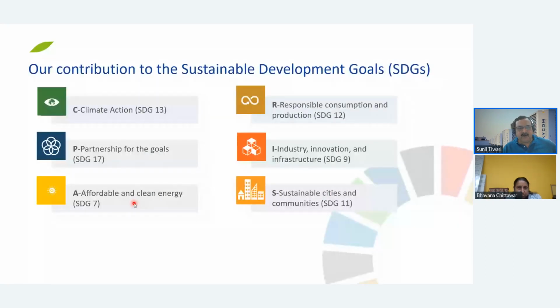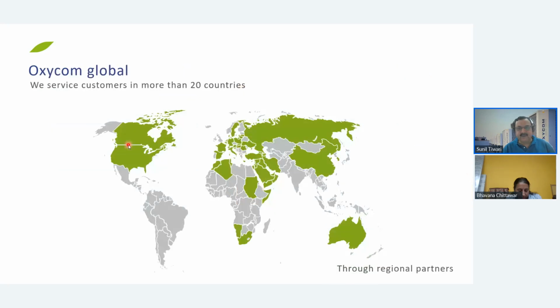You all might have heard about the sustainable development goals. Out of, I think, a total of 17 goals, we are contributing to almost 6 goals. I'll not dwell into detail of this, which can be a topic for some other day. These are our locations. You will very soon find India is also getting covered with the green color.